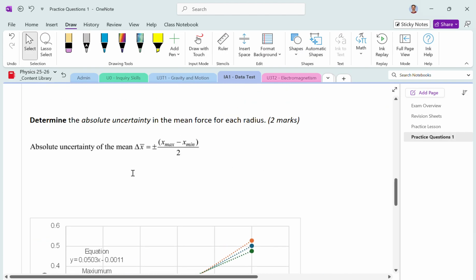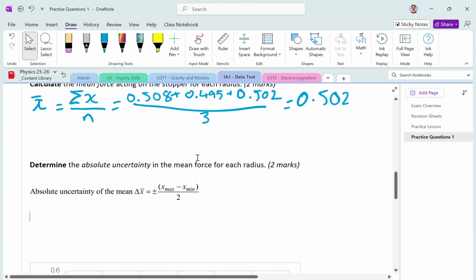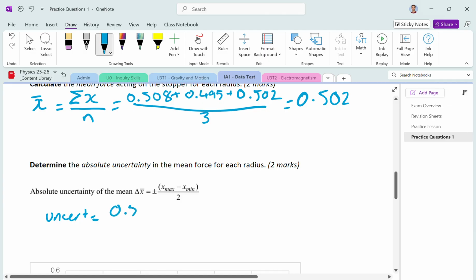I need to determine the maximum value at that data point. For radius 0.1, my max value is 0.508, and my min is 0.495. So I'm going to write that in. You can just write uncertainty is equal to 0.508 minus 0.495 divided by 2.